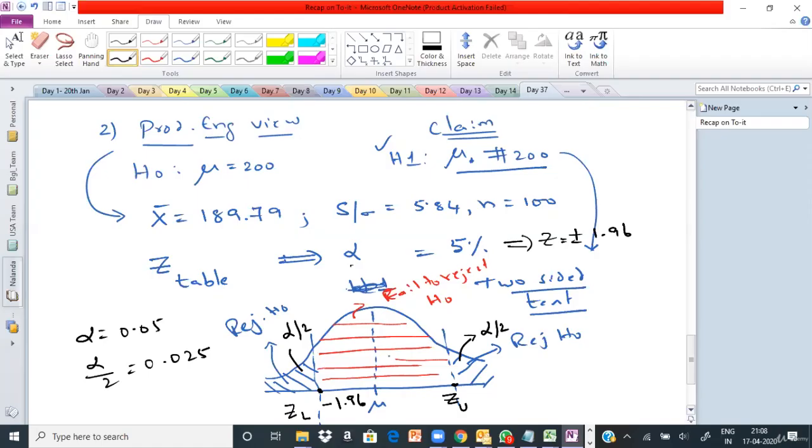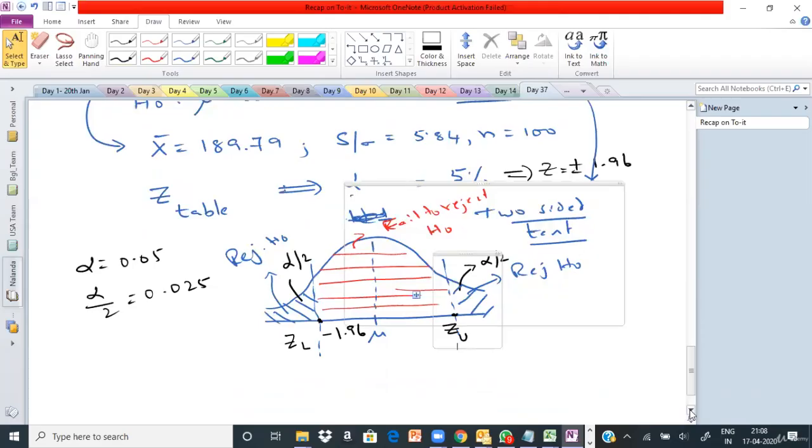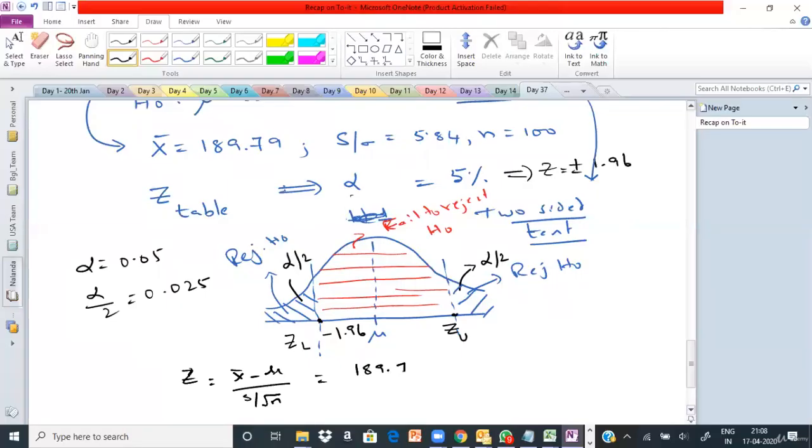How do I calculate my Z cal? Use the same formula: X bar minus mu divided by sigma by root n. So your X bar is 189.79 minus 200, divided by 5.84 divided by square root of 100.